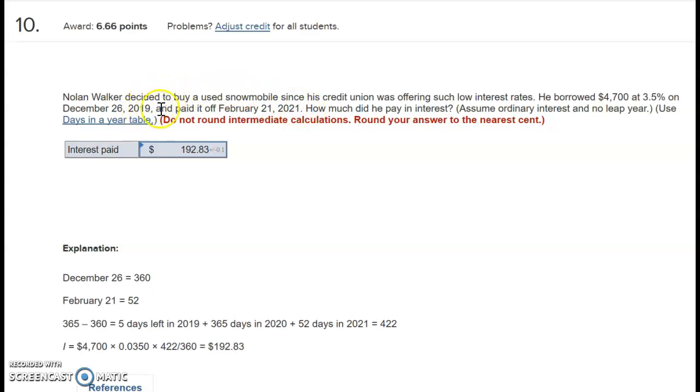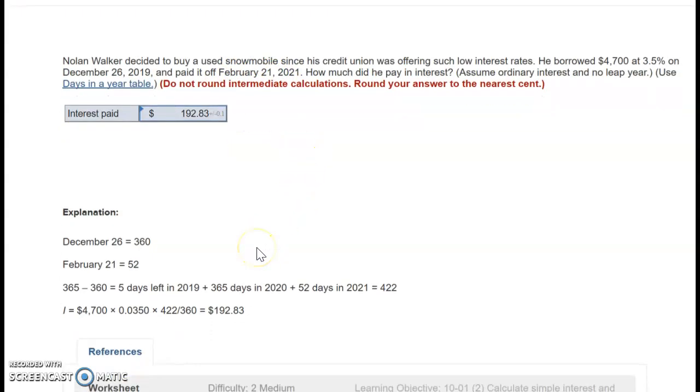So not only are we going over the end of the year, but we're going through a whole additional year and over the end of another year, okay? So we've got from December 26, 2019 to December 31st, 2019. Then we have the whole year of 2020, and then we have until February 21st in 2021.